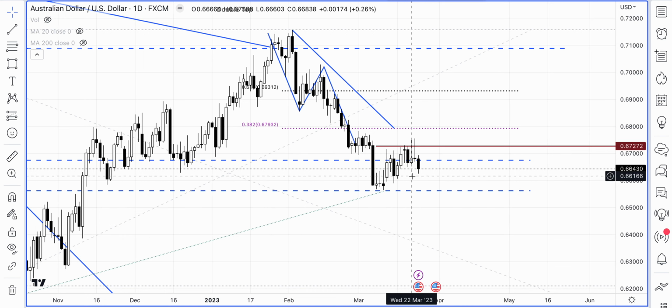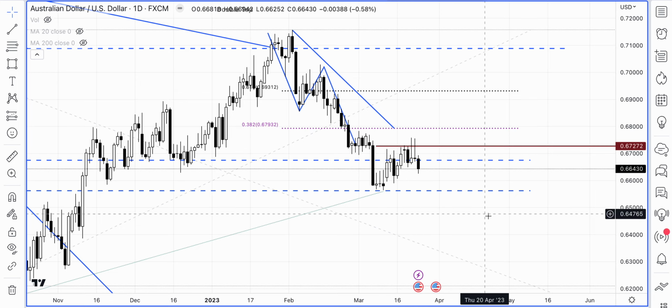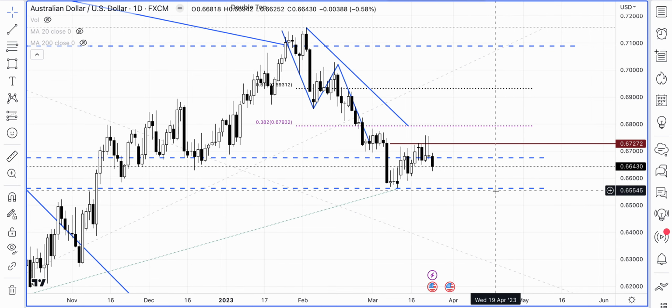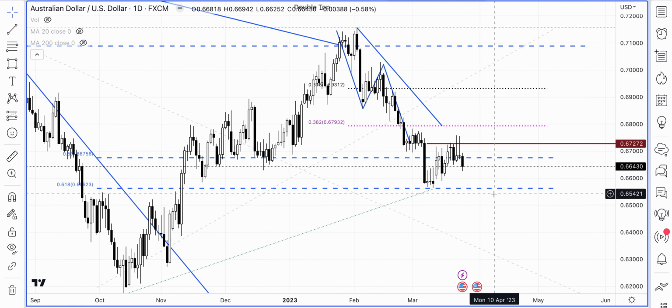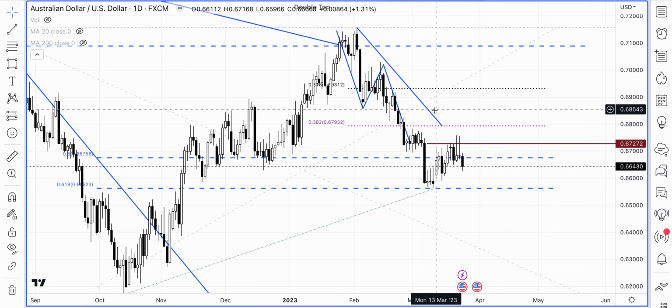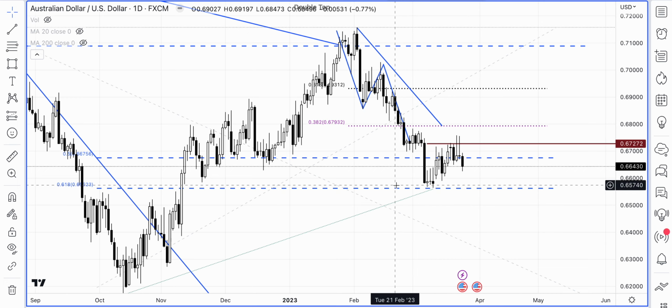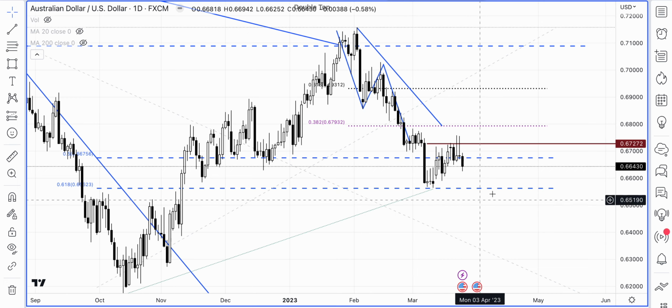It attempted two times to get above this level, couldn't do it, and now it's moving lower. So it appears the Aussie dollar is in a bit of a trading range. This is the 61.8% Fibonacci retracement. Looks like there's a possibility for it to retest this region again, and then we'll have to wait and see whether it will convincingly break this level or not.